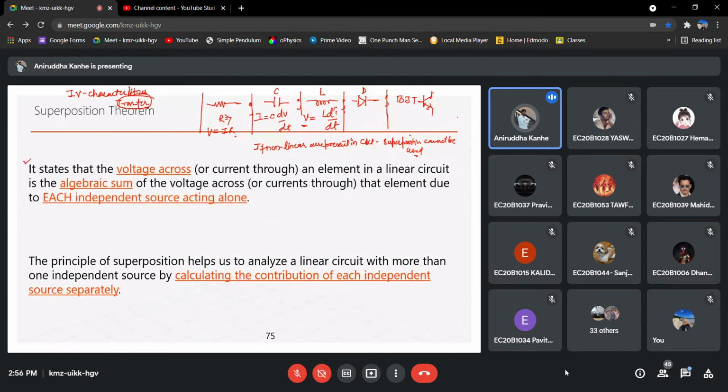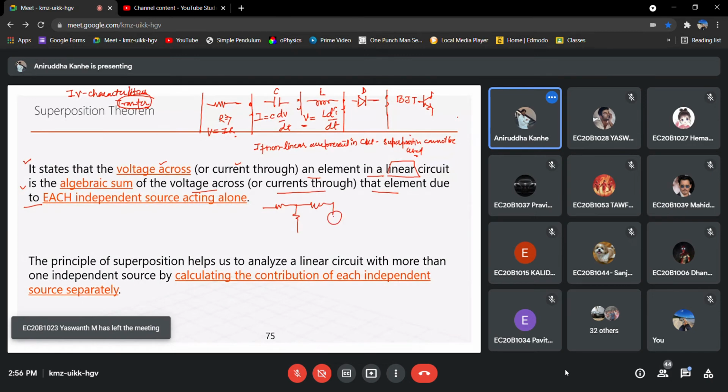So now read the first line again. It states that the voltage across or the current through an element in a linear circuit is the algebraic sum of the voltage across or the current through that element due to each independent source acting alone. That means what? Let us consider the simplest circuit in this way.